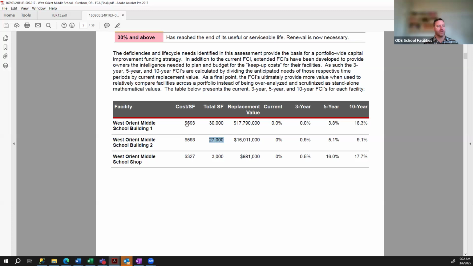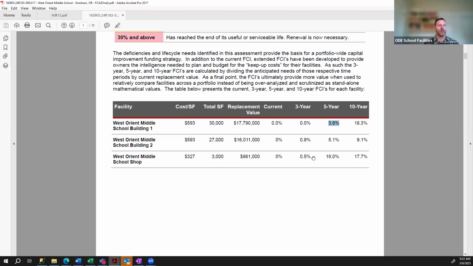So you multiply the cost per square foot by the total square foot to get the replacement value. And then the repair costs are divided by that. So this building one doesn't have any repair costs till year 5, and it still has a really good FCI. So it's in really good shape, essentially.